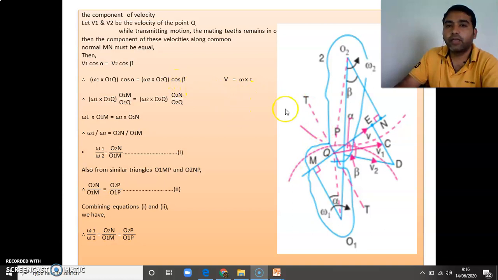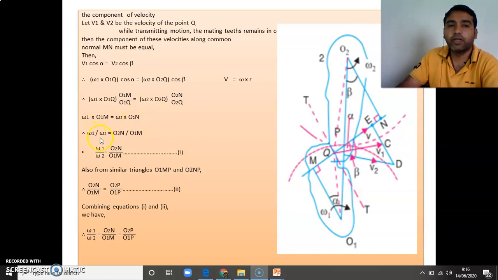The value of cos beta comes from the triangle O2QN, so from this triangle we get cos beta as O2N upon O2Q. Here the similar terms O1Q and O2Q cancel, so we get omega 1 into O1M is equal to omega 2 into O2N.